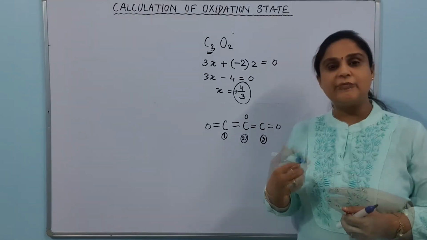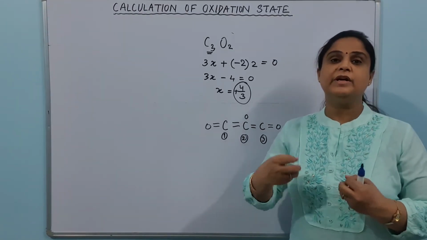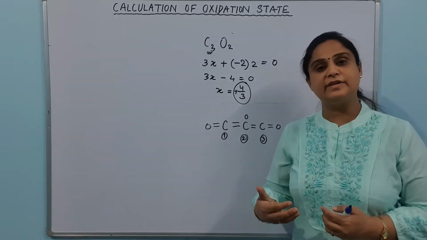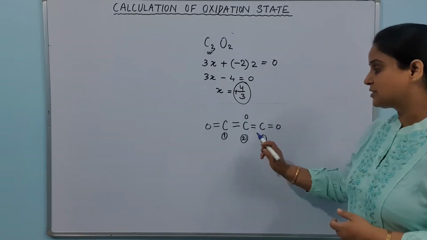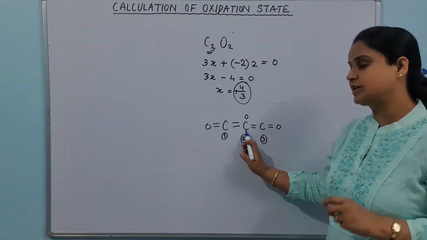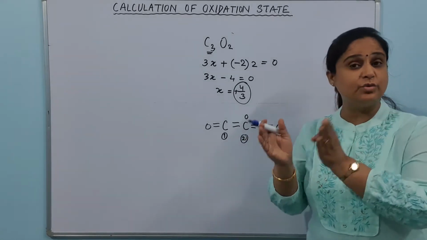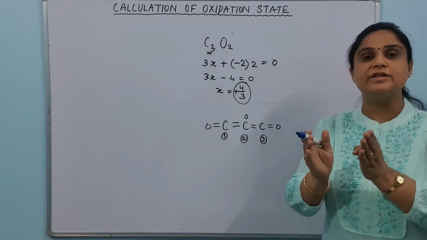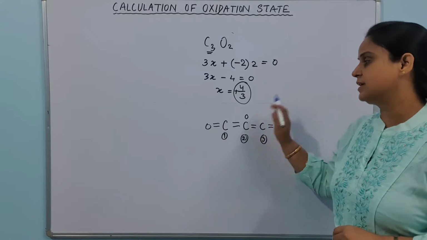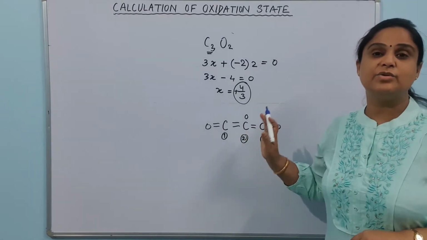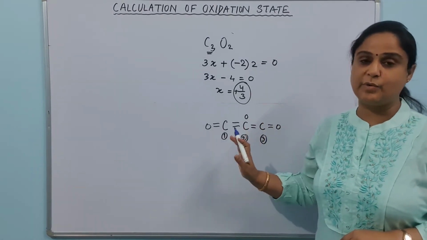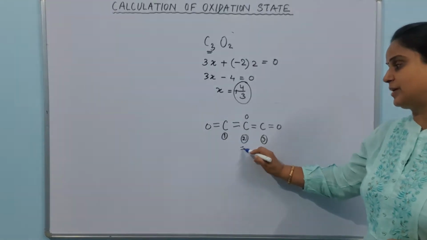So basically we have to apply the concept of electronegativity while we are dealing with these structures. Because there is no pulling and no pushing, it is a simple attachment between carbon and carbon. So there is no charge created on this carbon. So it is at the 0 oxidation state in this compound, this carbon number 2.